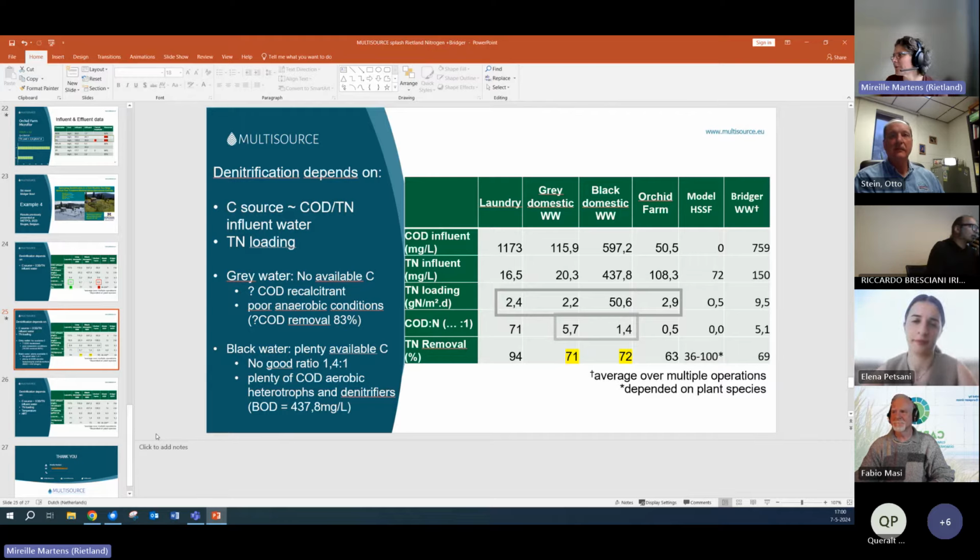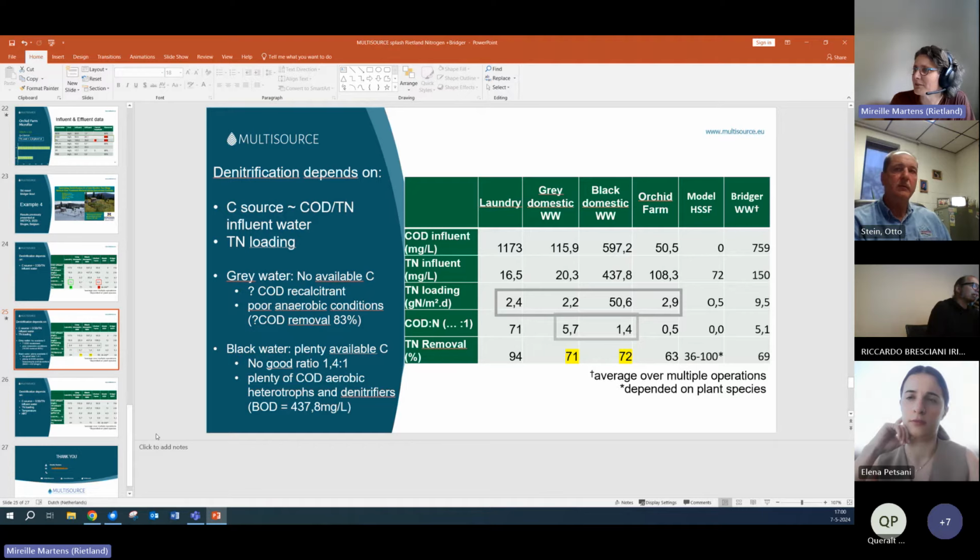But then in the COD, half of it was BOD. So I still cannot figure out why we have a removal of only 71% and it's not higher. And it's not because it's not anaerobic enough, because otherwise the COD removal would be better. In aerobic conditions, you could assume that the COD removal would be more than 90%. So I cannot figure out why for the gray water.